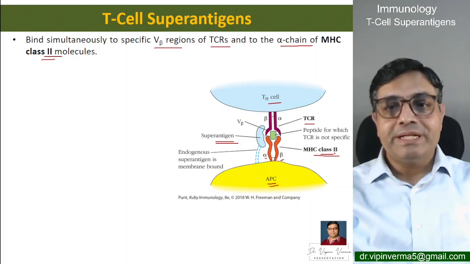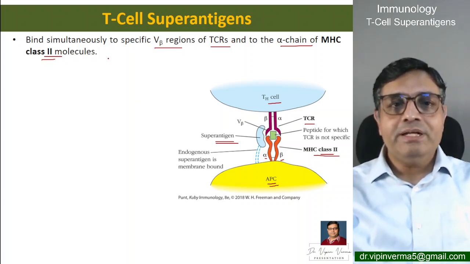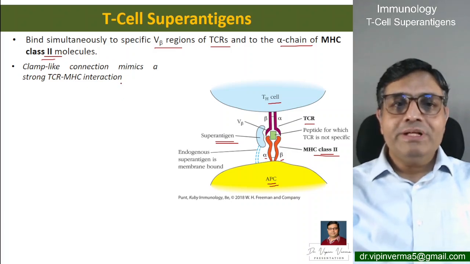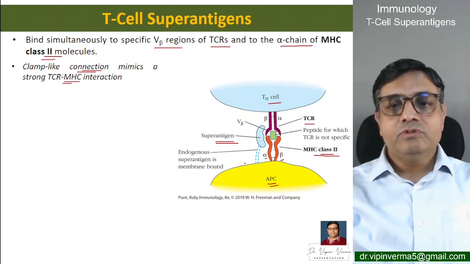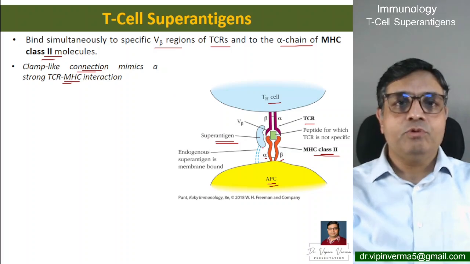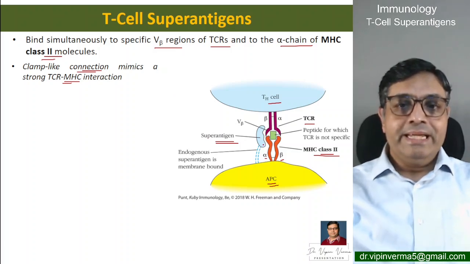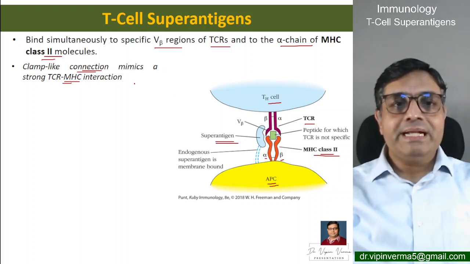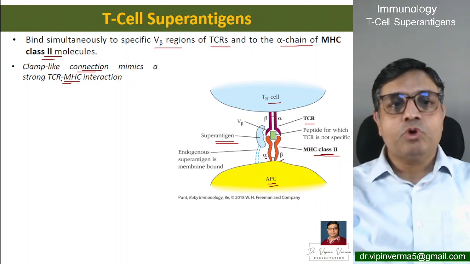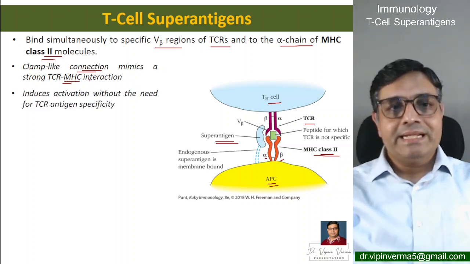And as I told you, they don't bind to class 1 molecules here. So once they bind, they make a clamp-like connection, and that mimics a very strong TCR-MHC interaction. So actually they are binding outside the zone, but they clamp in such a way that they mimic a very strong TCR-MHC interaction.